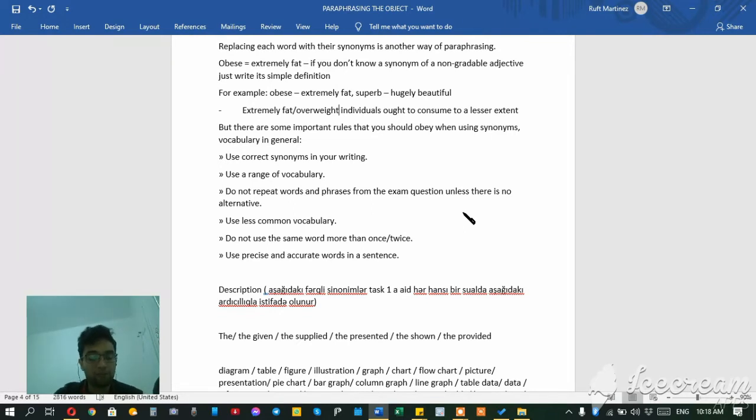You may not find the synonyms. Then you don't need to paraphrase that. You use other methods for that one. You can use passive voice, or you can just change the form of the sentence. And we'll discuss both. Now we know how to use passive voice.